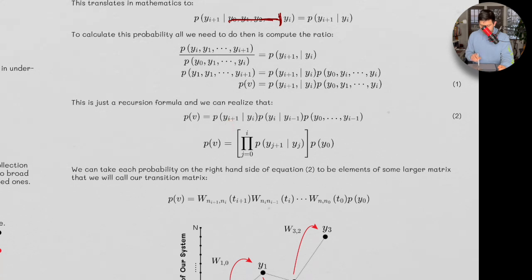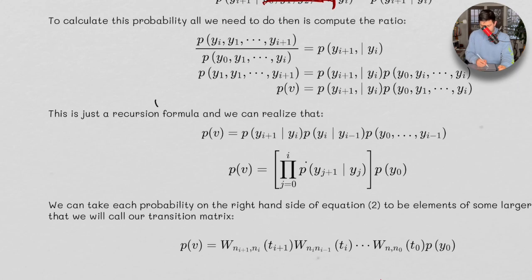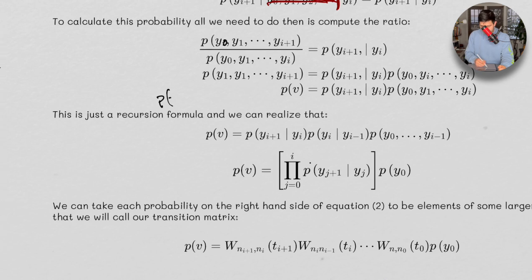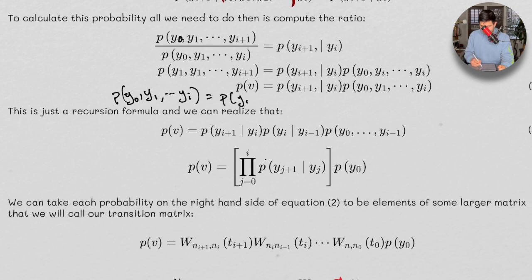So we can rewrite this, and we could say the probability of, so this should actually be y0, of y0, y1 to yi is equal to the probability of yi times the probability of y0, y1 dot to yi minus 1, I minus 1.